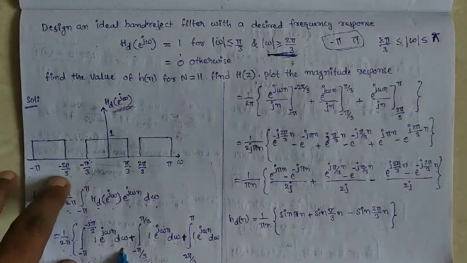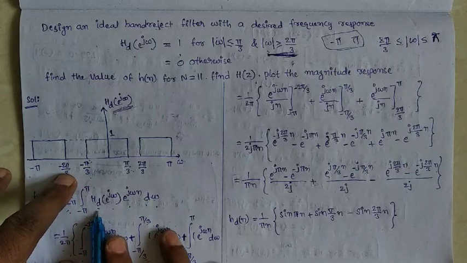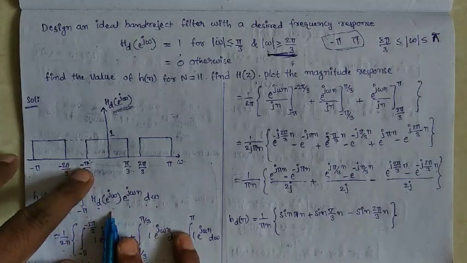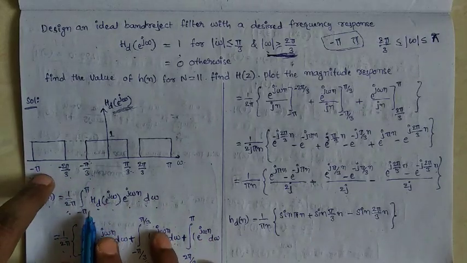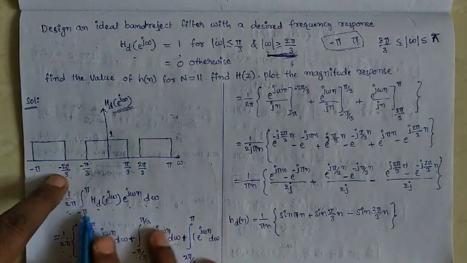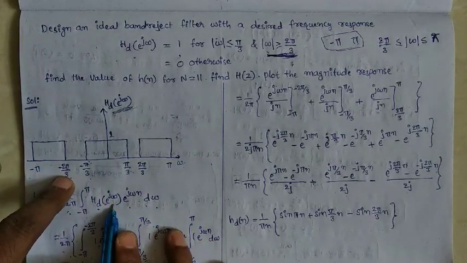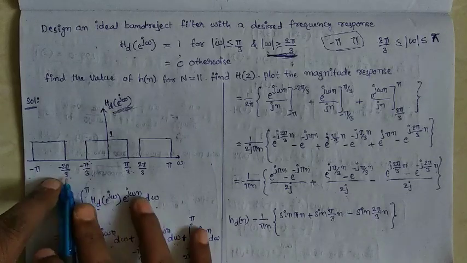In the interval minus 5 by 3 to 5 by 3, HD of e power j omega is 0, so the value becomes 0 in this interval.